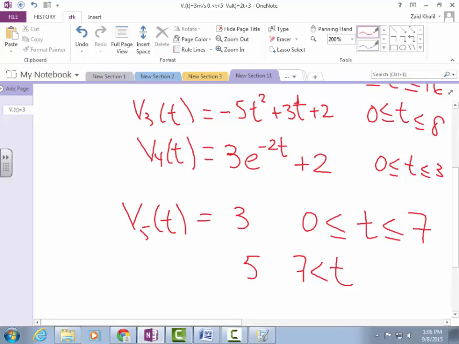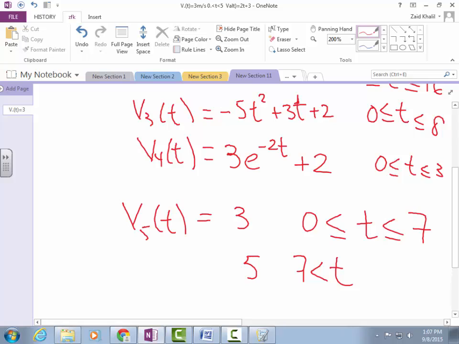But at t equals 7, you would say it is both simultaneously at 3 and then at a split, at that splittest of a split second later at 5. It does not have a defined instantaneous velocity there.